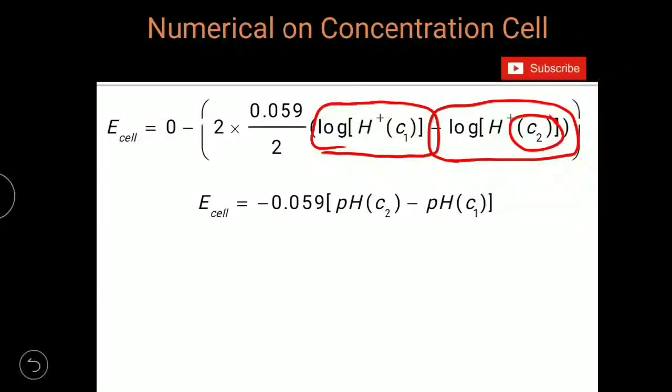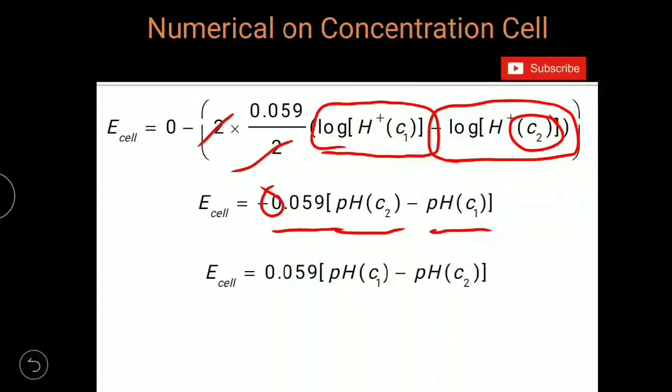So this formula is simplified as pH at concentration C2 minus pH at concentration C1 multiplied with minus 0.059, because these two got cancelled here. And when this is multiplied with this negative sign inside the brackets, then you will get E cell is equal to 0.059 into pH at C1 minus pH at C2.